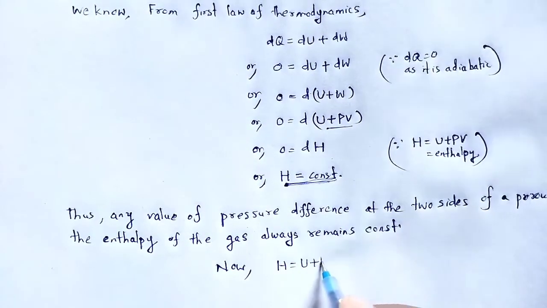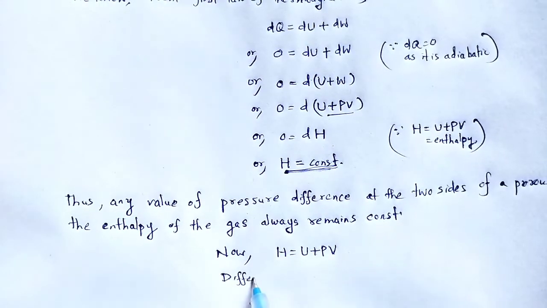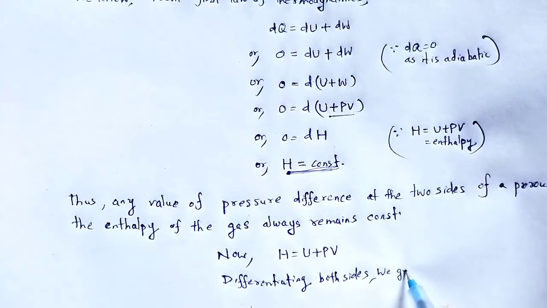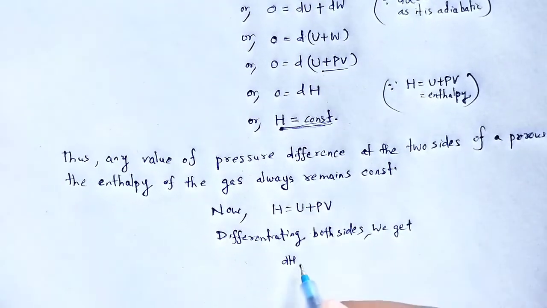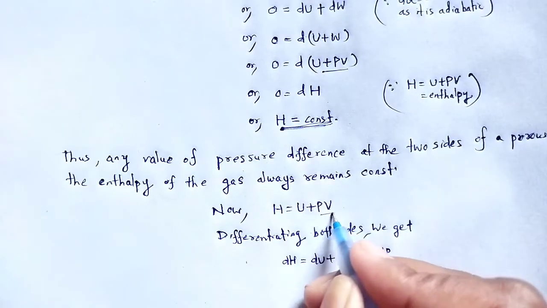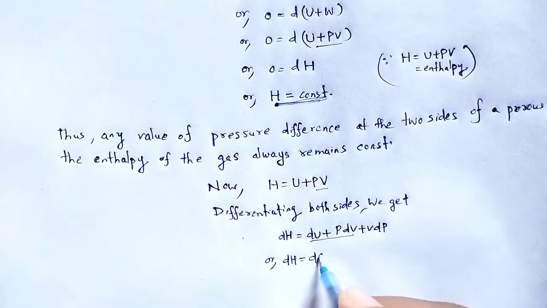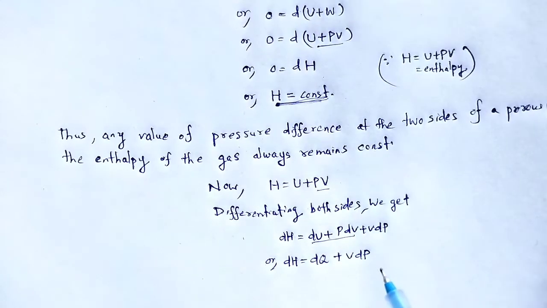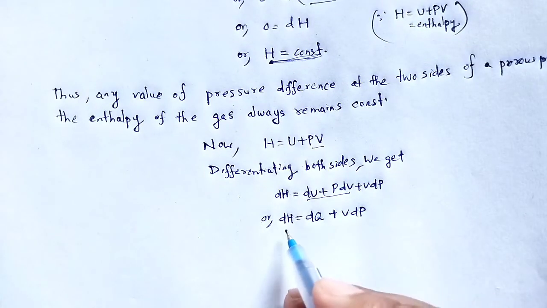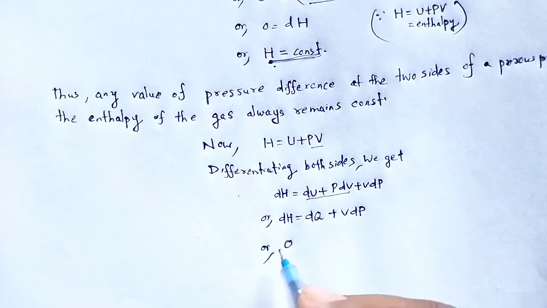Now H is equal to U plus PV. Therefore, differentiating both sides, we get dH is equal to du plus pdv plus vdp. Here du plus pdv is dq from the first law of thermodynamics, so dH is equal to dq plus vdp. We know H is constant, so the derivative of H will be 0.